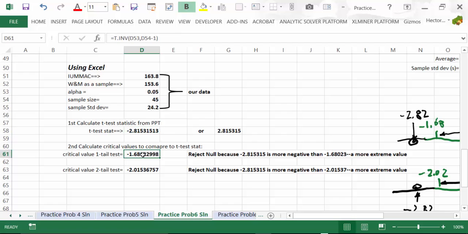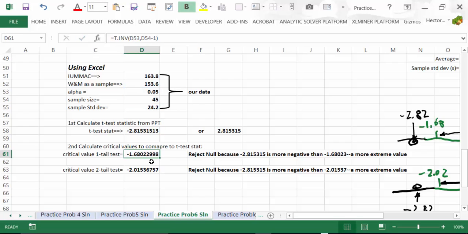So our second calculation is a calculation for the one-tail critical value. We use the TINV function, and then the values here are the probability of 0.05, which is our alpha, and our sample size, 45 minus 1, because these are degrees of freedom. Here, degrees of freedom, or the sample size minus 1, because we've lost 1 degree of freedom through estimation.